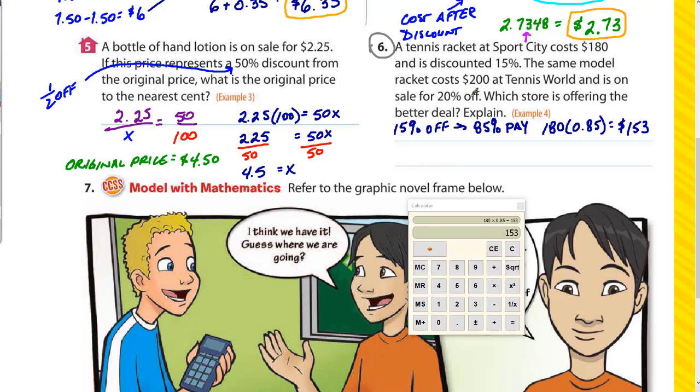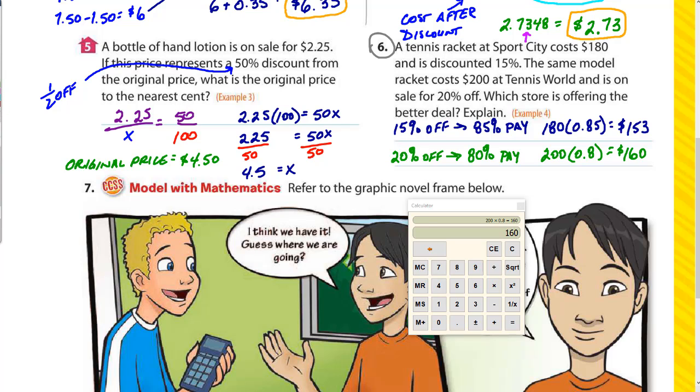Tennis World, I'm saving 20%, so 20% off means I pay 80% of that price. So I have 200 times 0.8, which equals $160.